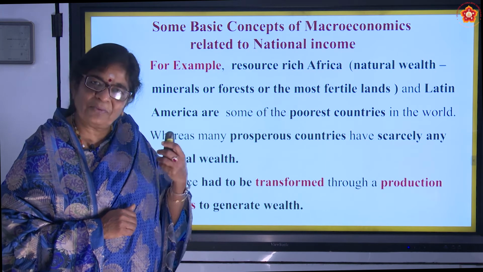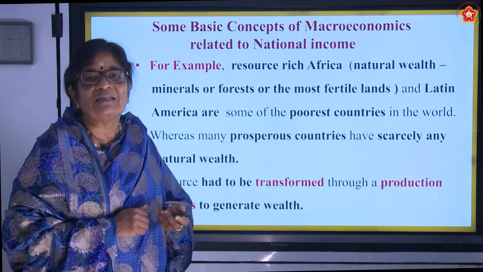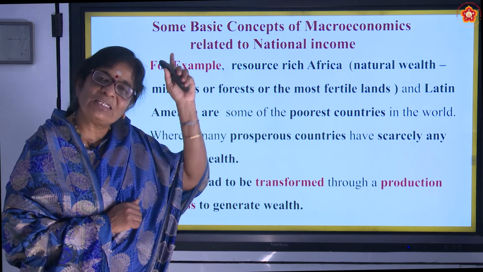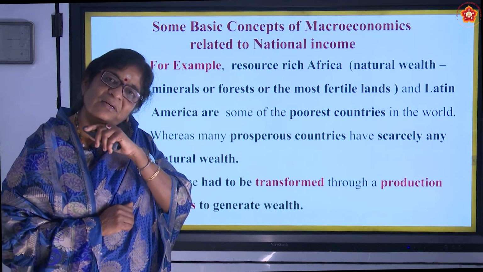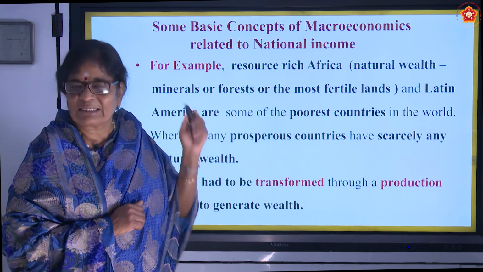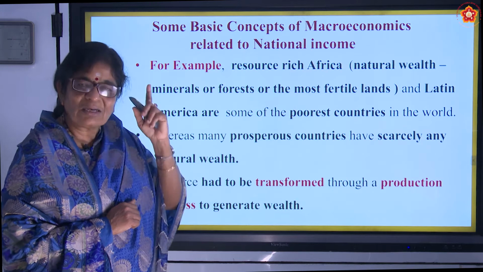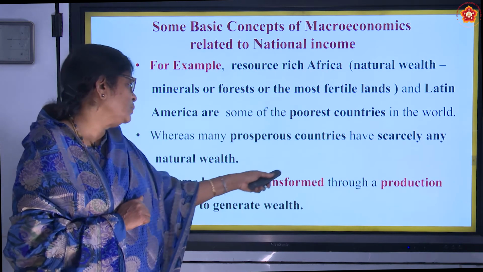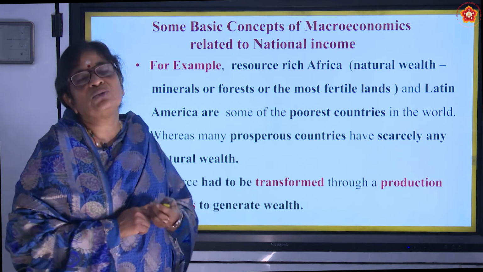Thereby they generated so much income. The reason is the flow of production was in their country. Raw materials were taken or exploited from these countries to England. That is how they became a rich country. I hope you understood. Resources have to be transformed through the production process to generate wealth.